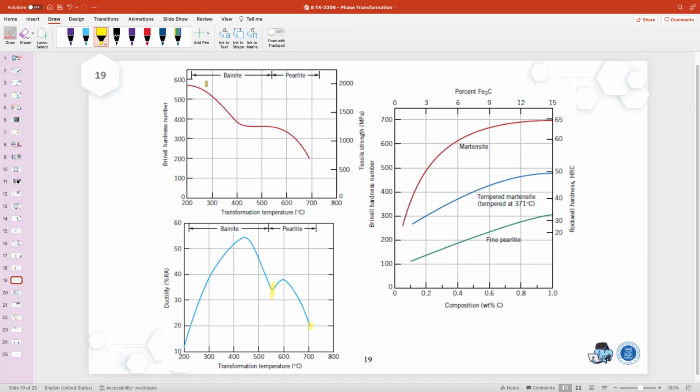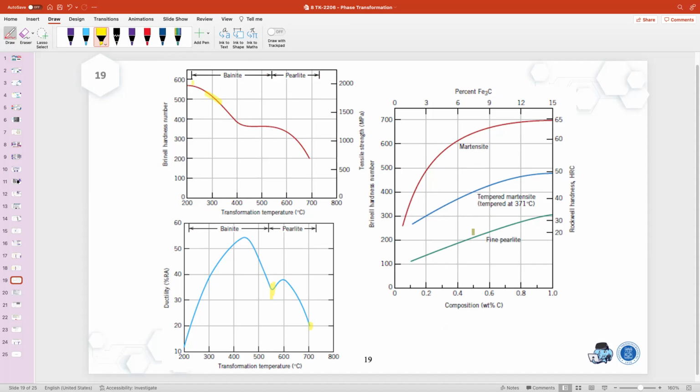This also tells you about the Brinell hardness number of bainite and pearlite. Bainite is stronger, or harder, than pearlite, because in bainite we have more needles of cementite, which can again act as a border for plastic deformation.